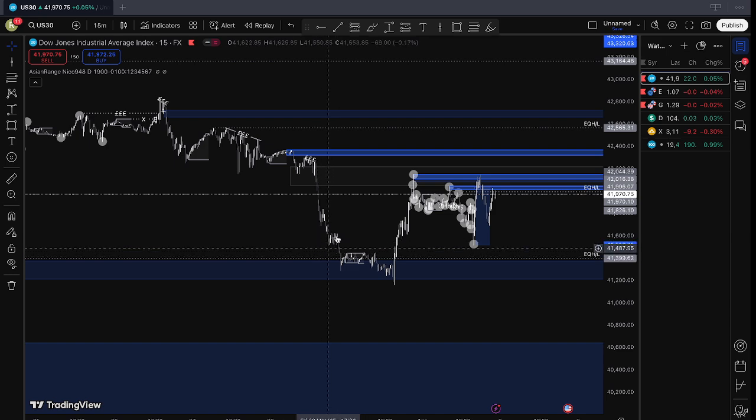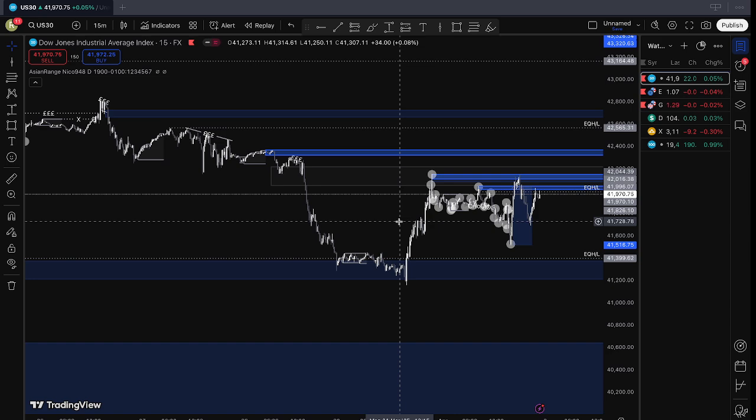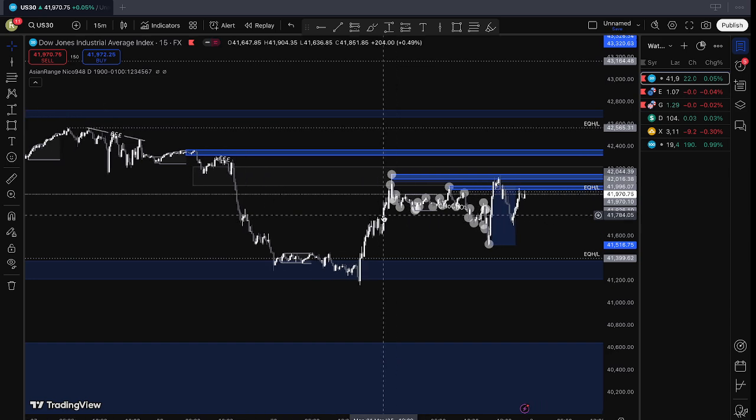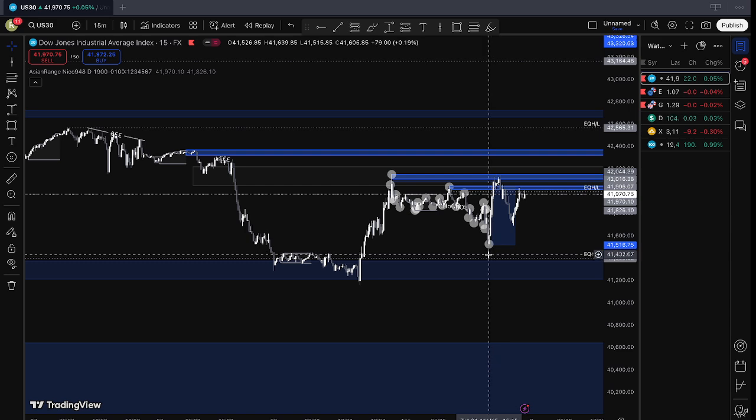This move downwards from Friday, I saw it as one massive inefficiency, and I wanted to see price today. You could see from yesterday, price tapped into the inefficiency, then fell, and then changed character. So then I wanted to see price retrace, pull back, tap in and fall.